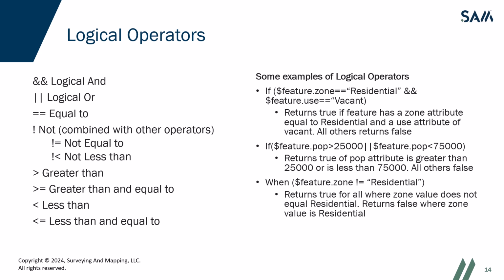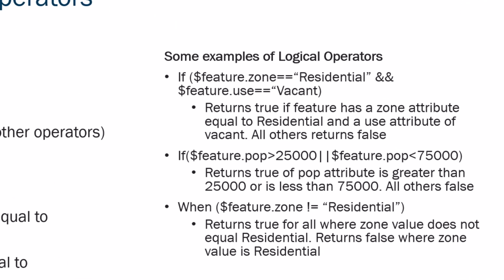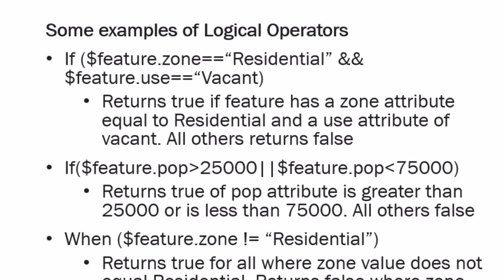For example, if you want to use an and, so that if this and that are true, then do this, right? So that is called a logical and. In Arcade, you would use double ampersand signs to represent that logical and. So you can see an example of that over here, where I'm saying if the zoning value is equal to, and equal is a double equal sign, residential, and I'm using that logical and with the two ampersand signs.